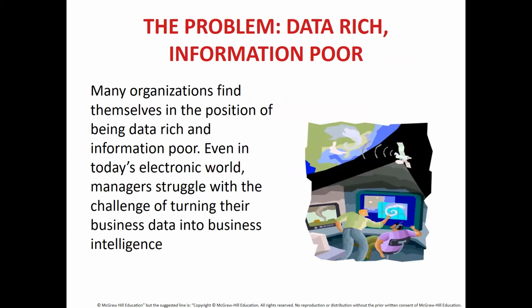The problem: data rich, information poor. In simple terms, an organization may have a lot of data. All organizations have data, and the bigger the organization, the more data it has. However, some organizations are information poor, meaning they are not able to transform data into something useful. When data is transformed into something useful, it is called information.